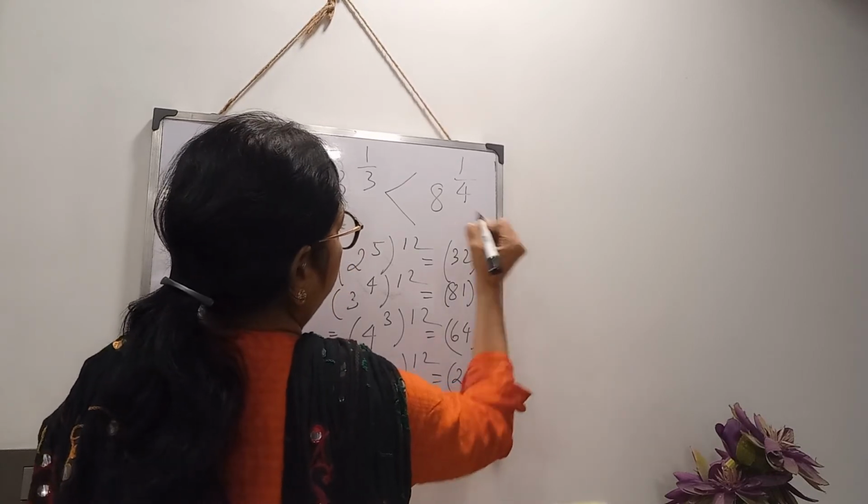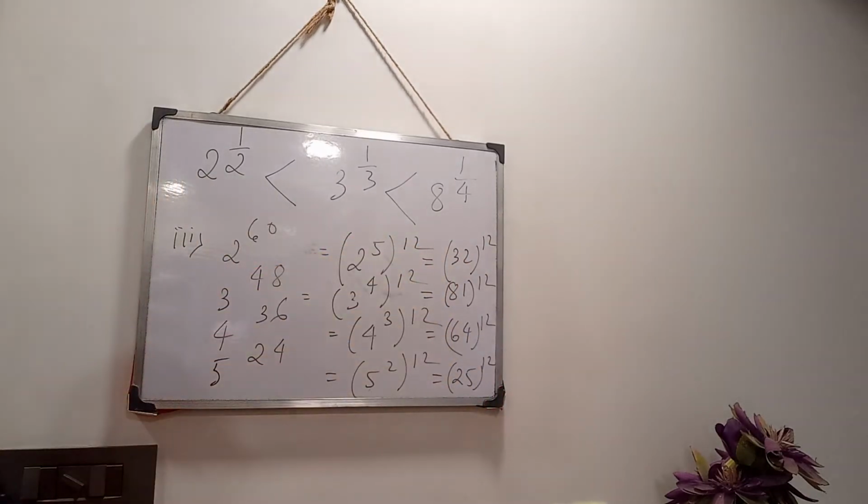All powers are same. Now you check the numbers. Which one is the lowest? 25. Then which one? 32. Then 64. Then 81.